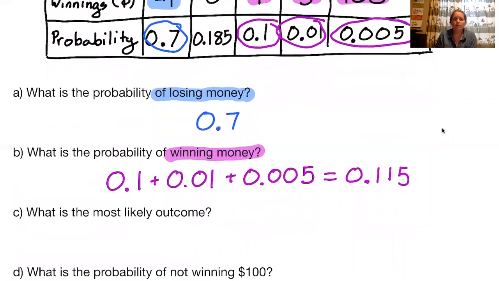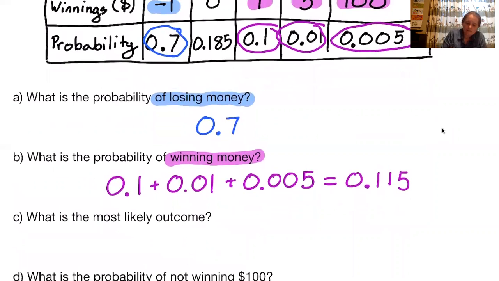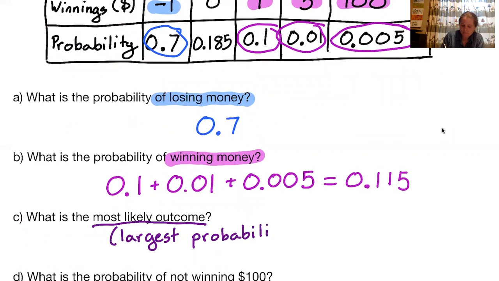Next up, we want to know what is the most likely outcome. So for the most likely, that means the one that has the highest probability. Remember, the closer the probability is to 1, the more likely the event is to occur. So we are looking for the largest probability, or the outcome that corresponds to the largest probability.